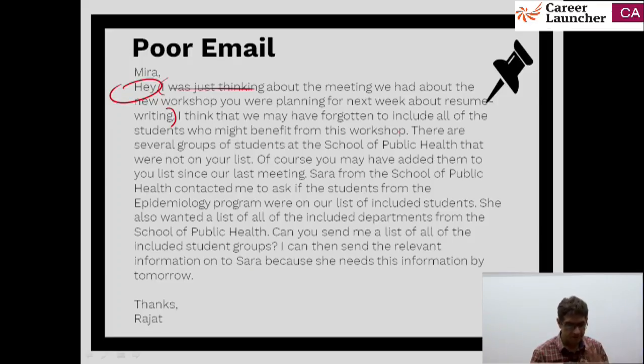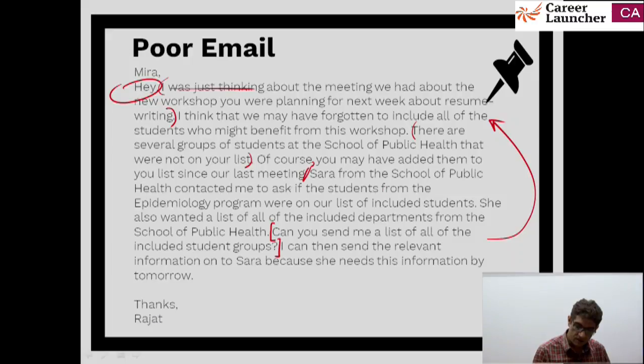"I think we may have forgotten to include all of the students who might benefit from this workshop." Now, that is a fair point, but then you notice that there is another sentence which should ideally have been connected with this point, but is languishing down below. Then it mentions a specific point. You notice that there is no comma after "of course" here.